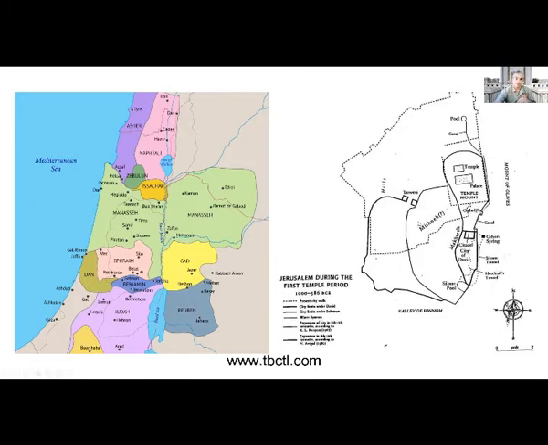Today, most of the Jewish quarter and the Armenian quarter is where the houses of the refugees used to be. And he basically barricaded the wall around the whole hill, or what we call the western hill, known today as Mount Zion. It's not the Mount Zion of the Bible, it's the Mount Zion of the Byzantines.